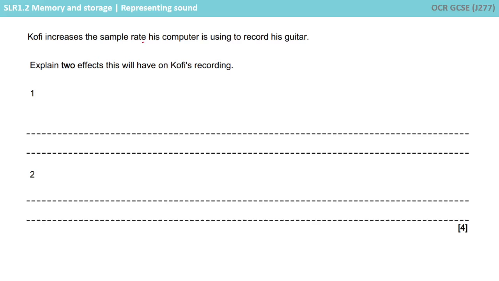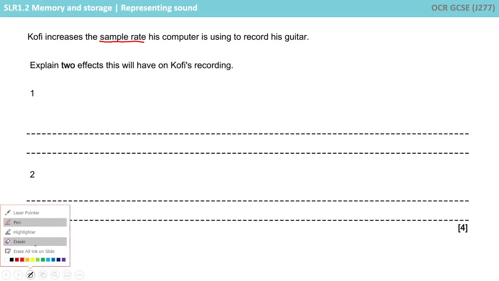So remember the sample rate is how often it is sampled, rate being a speed. Explain is our key command word. Explain 2 effects this will have on Kofi's recording. Now it's worth 4 marks.